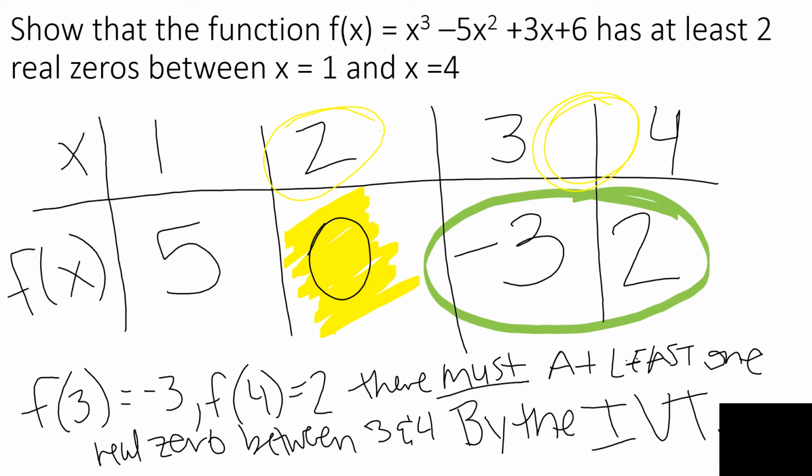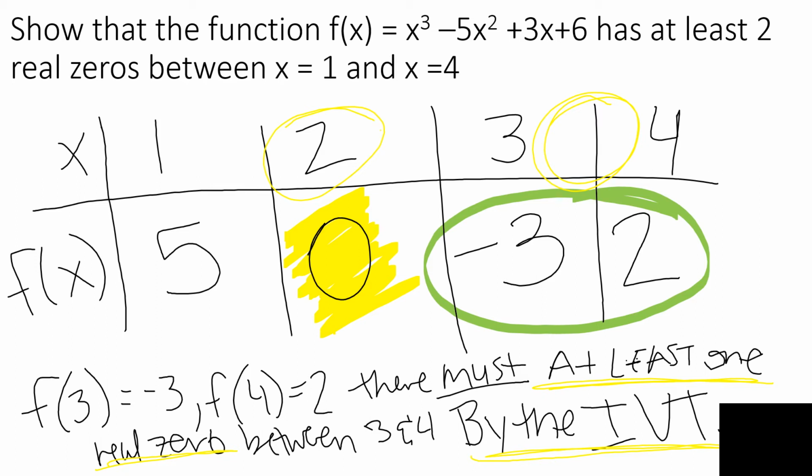Your written answer needs to include by the intermediate value theorem, and you also need to include this at least one real 0, because really we don't know what all is going on between 3 and 4. We know it crosses the x-axis at least once. It could cross more, so we put in at least one.